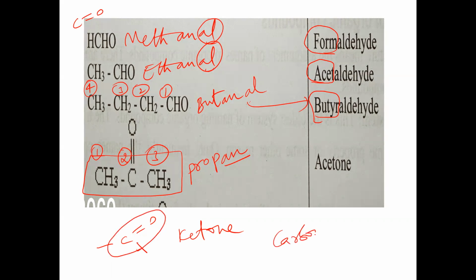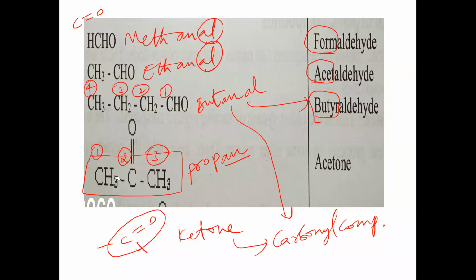So the carbonyl group is present in ketones. So ketones are also carbonyl compounds. Aldehydes are also carbonyl compounds. Ketones are carbonyl compounds because of the presence of this C double bond O. The C double bond O is called the carbonyl group.